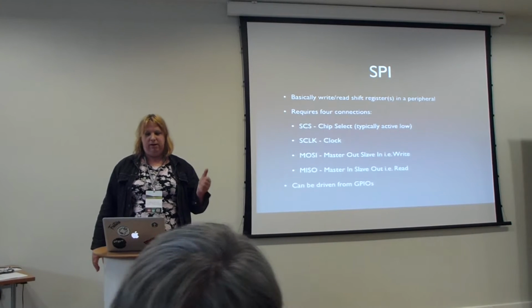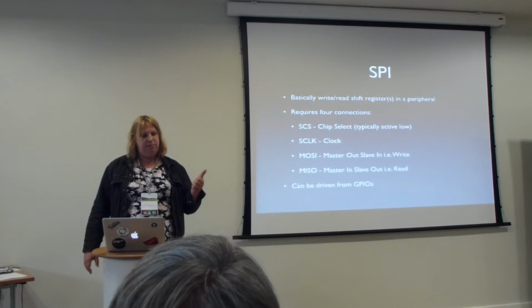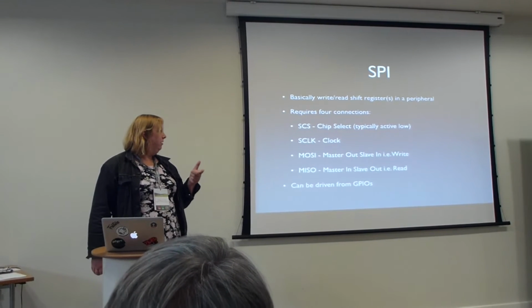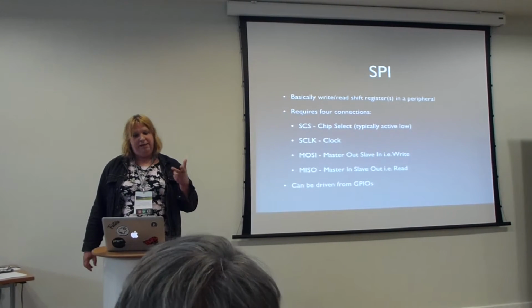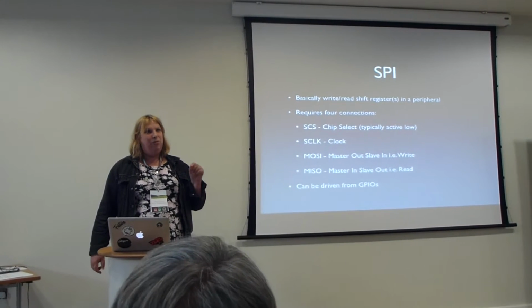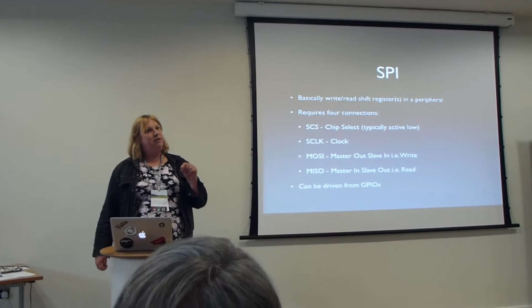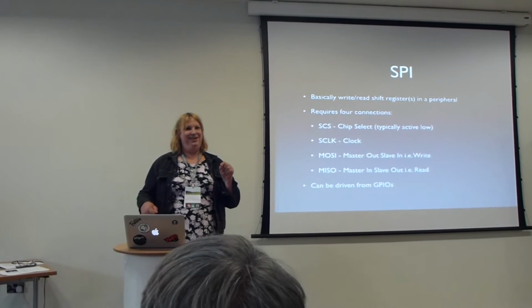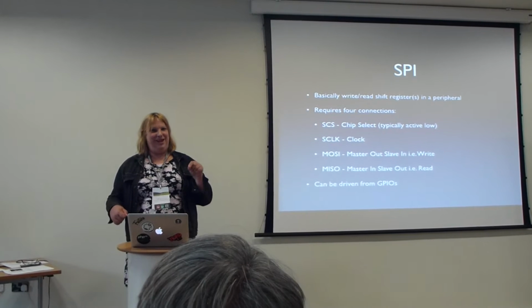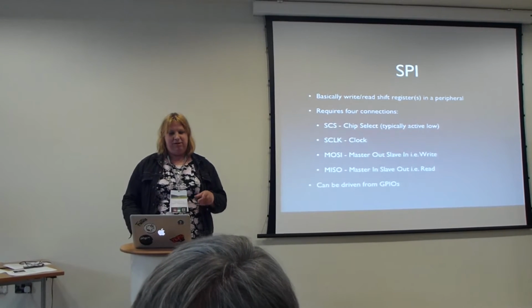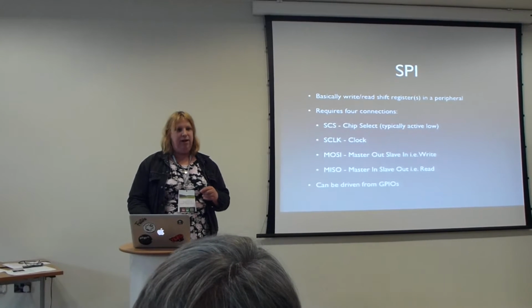So SPI: clock, typically active high, chip select, typically low, and MOSI, master out, slave in. If you look at a client chip, it will also say MOSI, but that will mean it's the input on the client, because it's the slave, not the master. And MISO, master in, slave out.